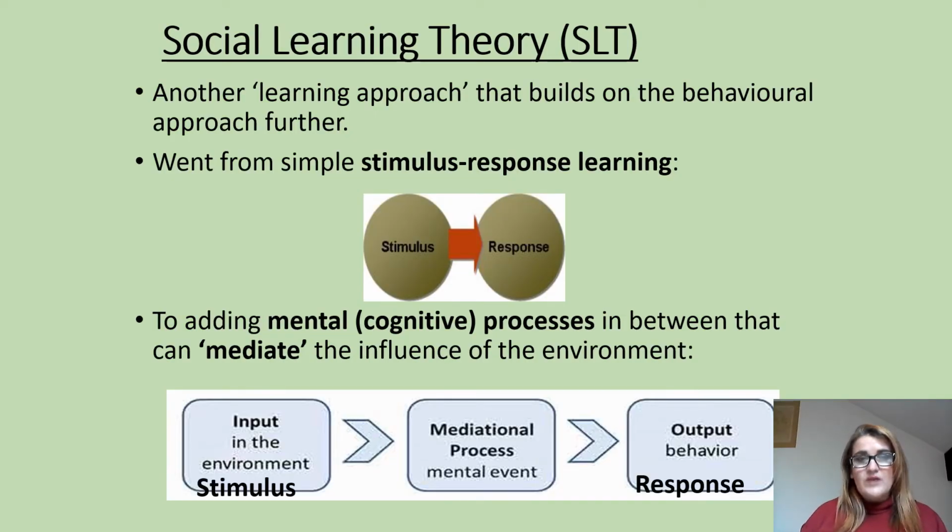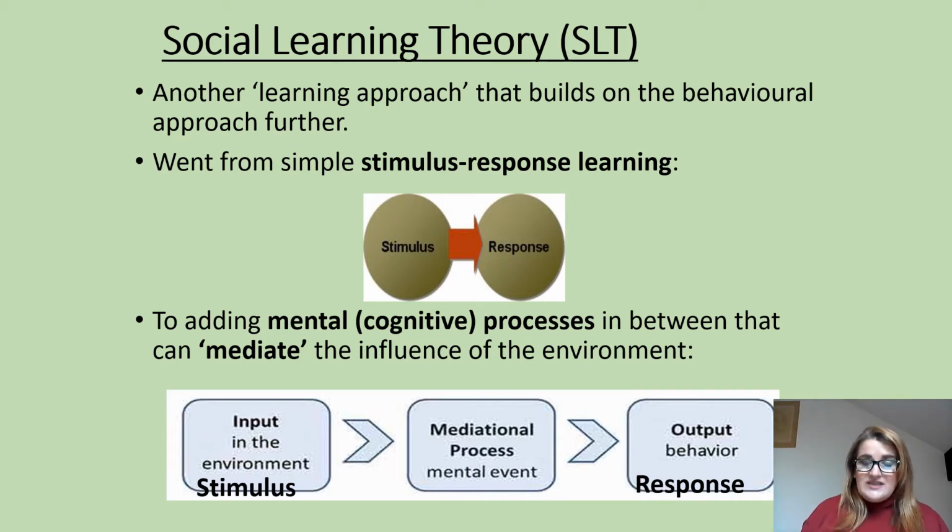Okay, so what are we looking at first of all? What is the social learning theory? What we're looking at, it is built from the behavioural approach, but we're going a bit further than stimulus response learning. We're actually adding a bit of cognition there. It's not just an automated process anymore, our human behaviour.